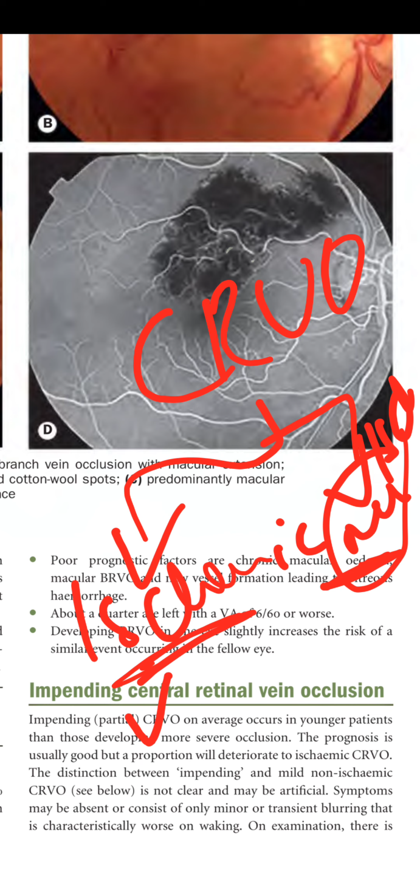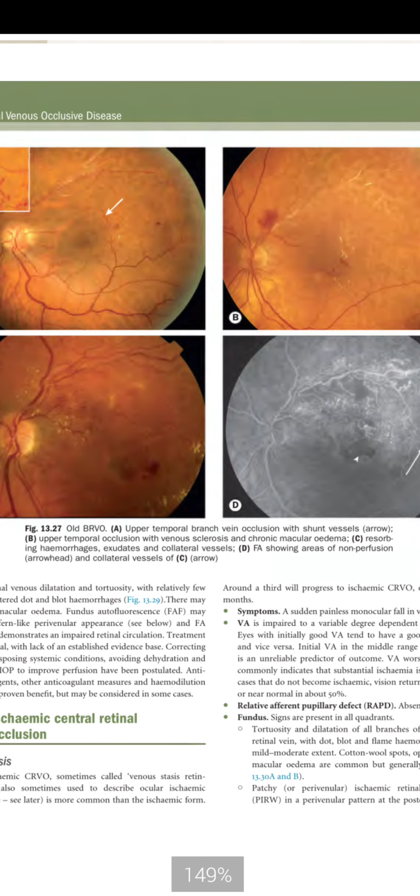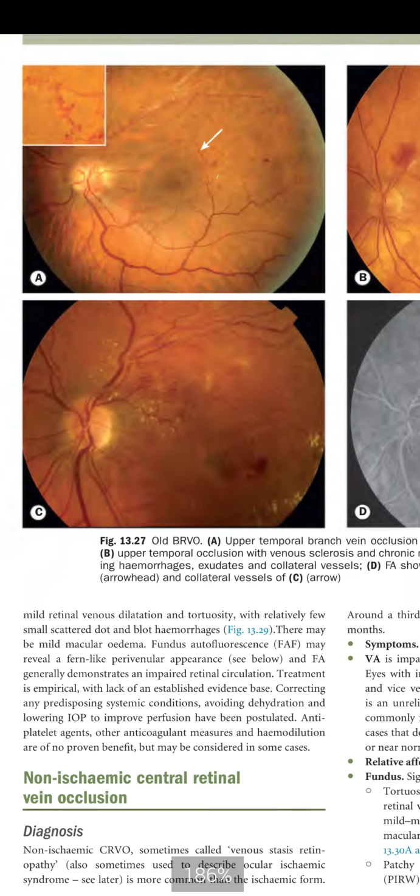Symptoms may be absent or consist of only minor or transient blurring that is considerably worse on waking. On examination, there is mild retinal venous dilatation and tortuosity with relatively few small scattered dot and blot hemorrhages. There may be mild macular edema.